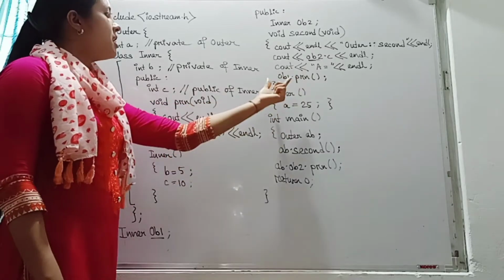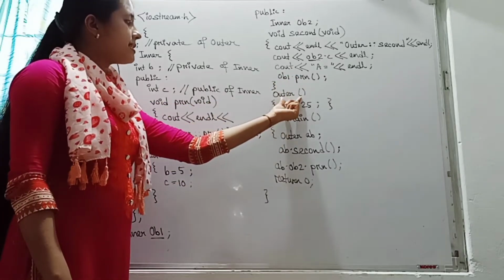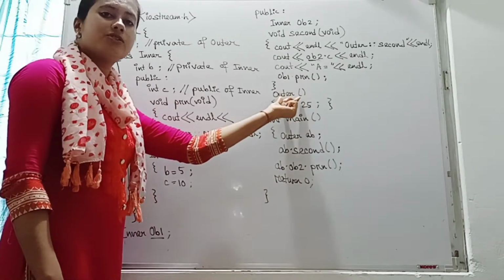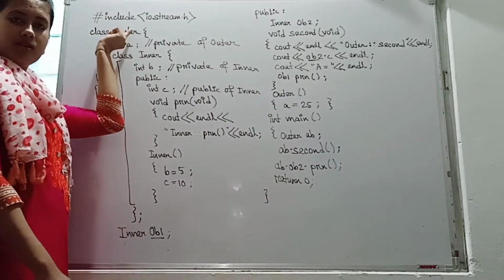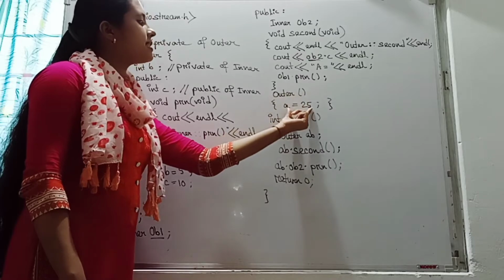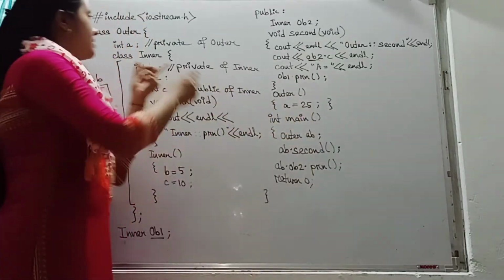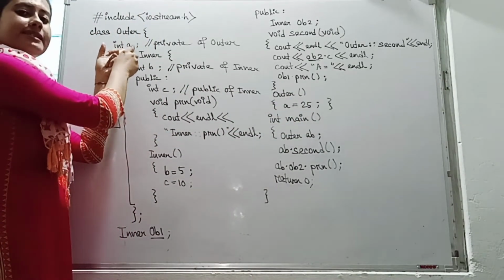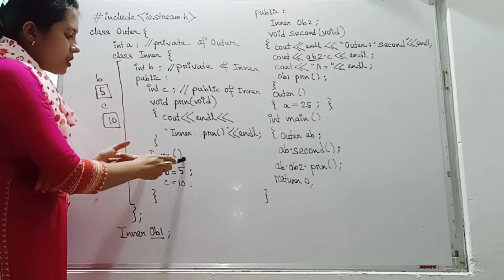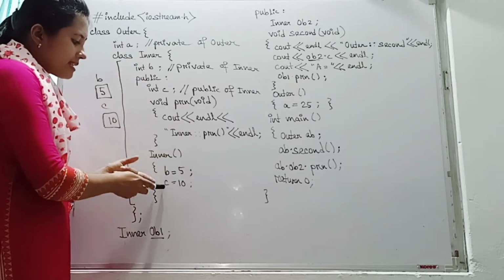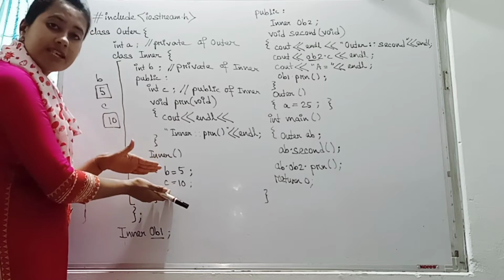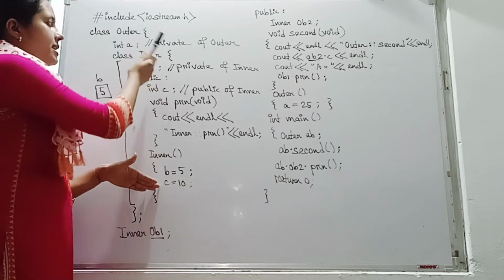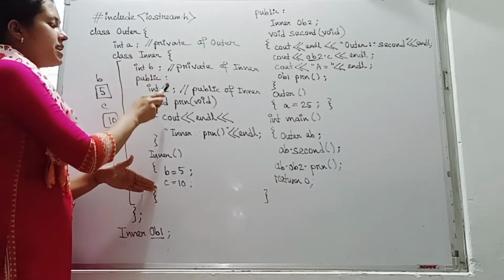There is no problem. Now here you see this outer is the constructor of the class outer. This constructor is initializing the data member of the outer, that is a. Under the inner section we have declared one constructor, and this has initialized the two data members of the inner class, which were b and c.